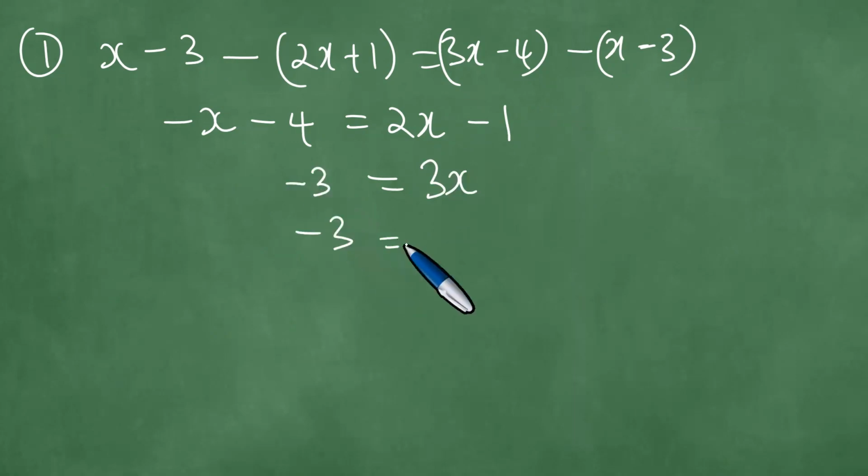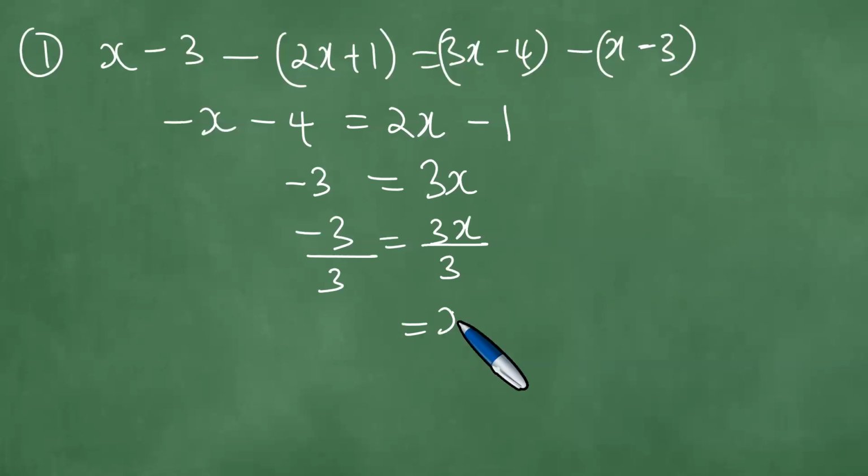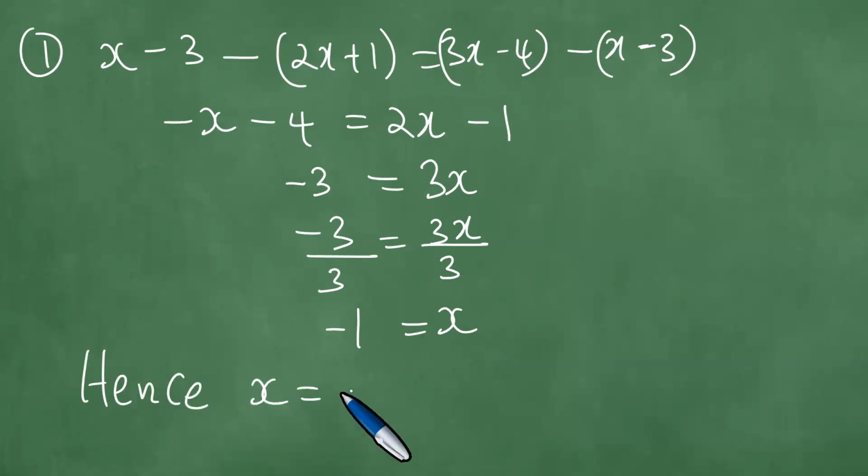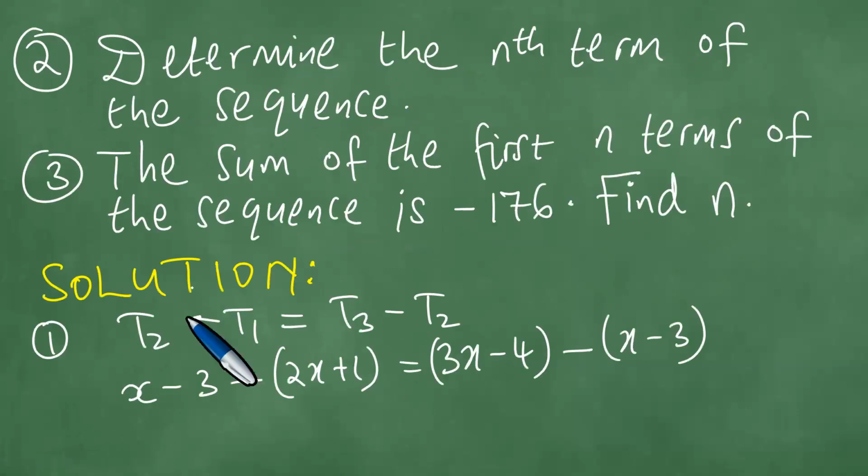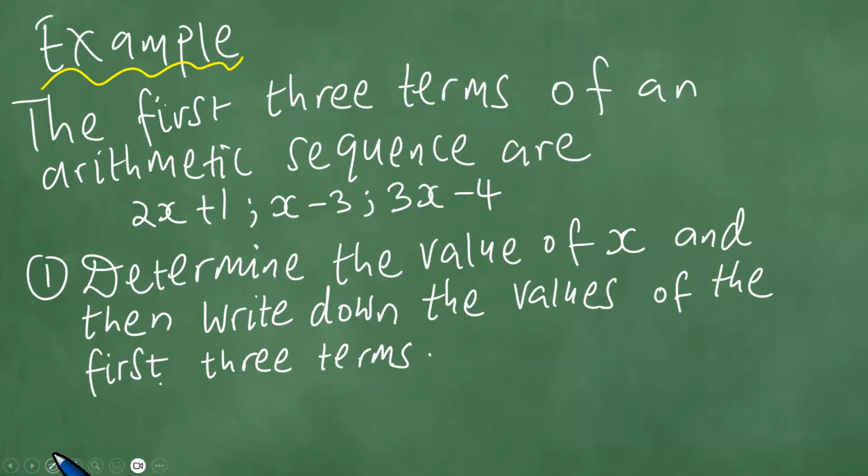So you divide by 3 on the left, by 3 on the right, which means x is minus 1. Hence, x is minus 1.